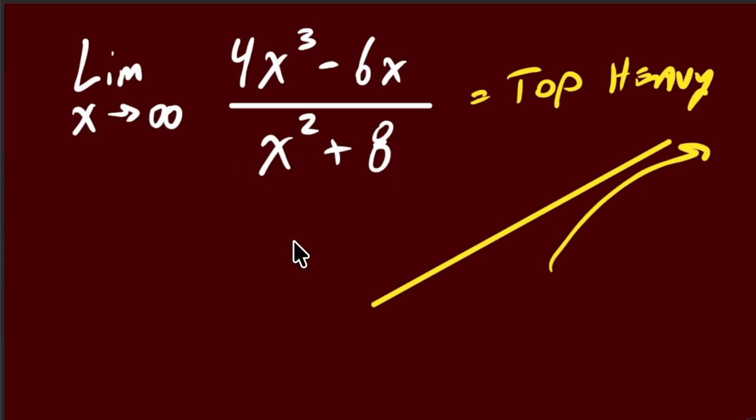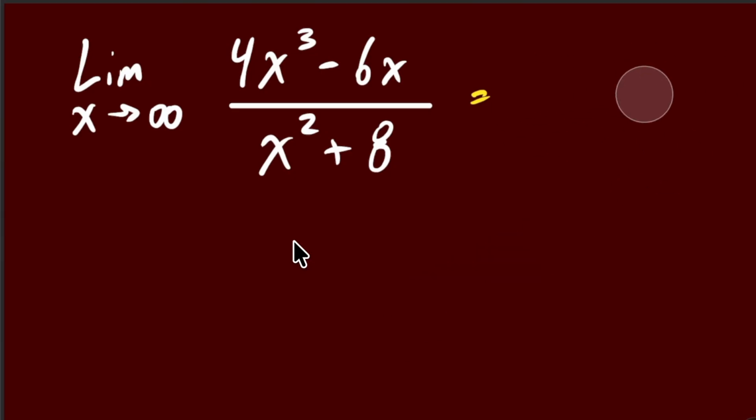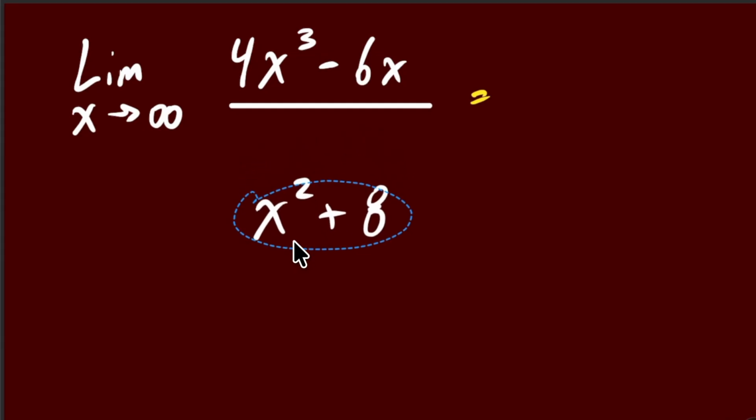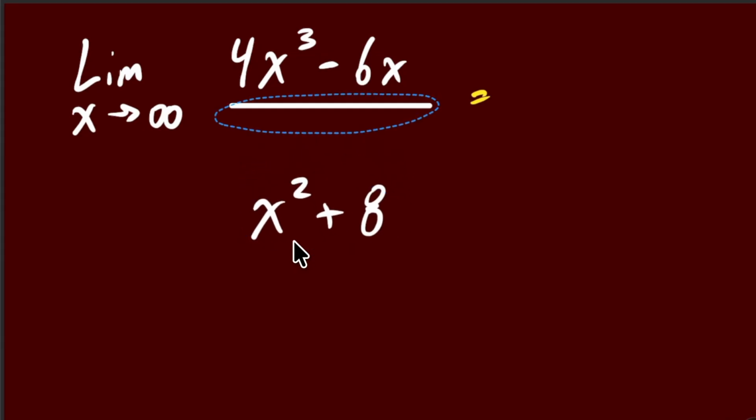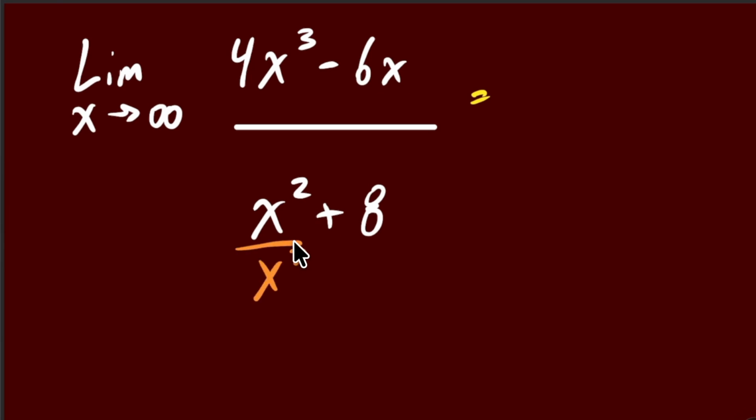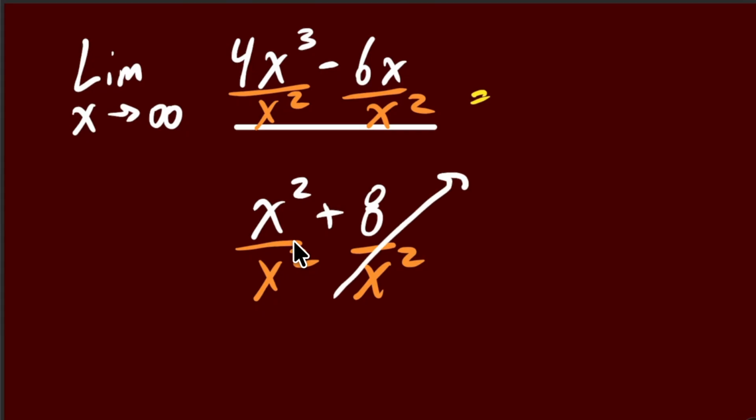Now, if you want to do it algebraically, you're going to follow the same rule. You're going to go to the denominator, find the highest degree, and divide all the terms everywhere by the highest degree in the denominator. So we're going to divide both of these terms by x squared, same thing up top. When we do that, and we plug in infinity, we know that that goes to 0.